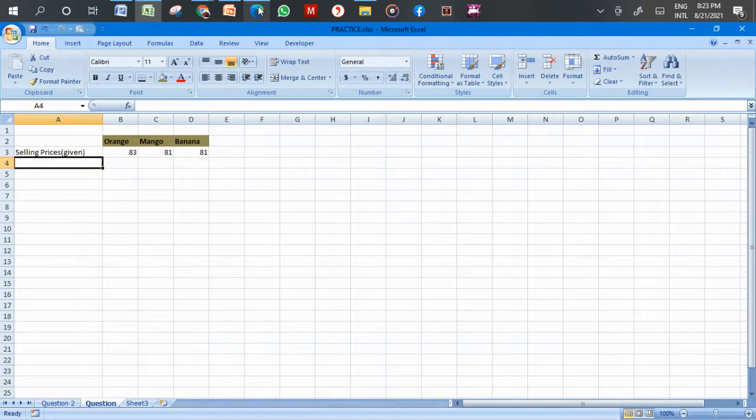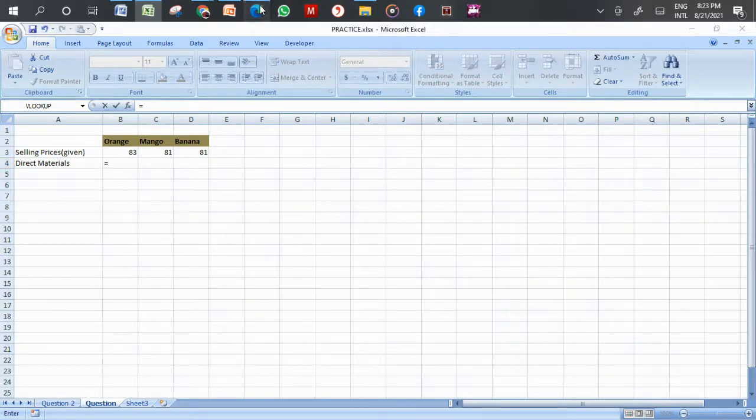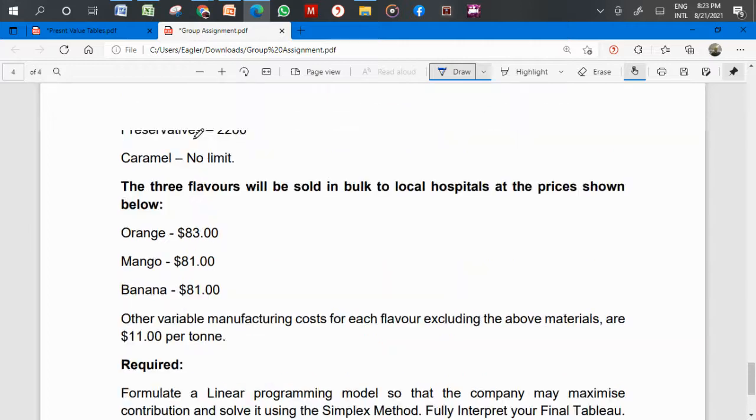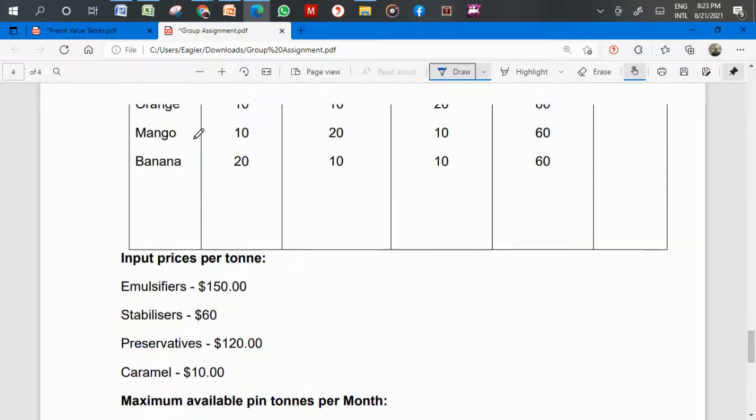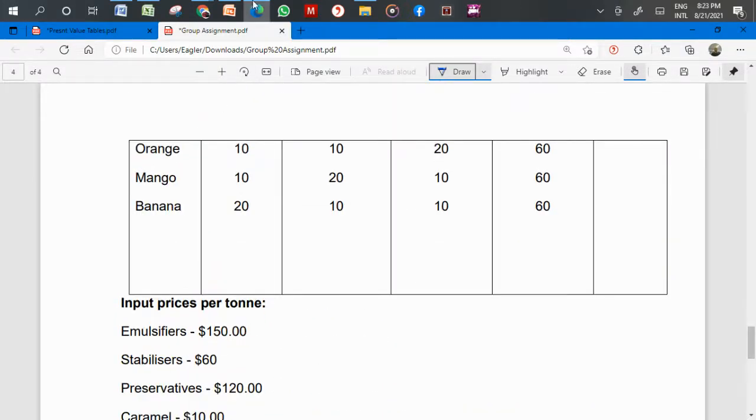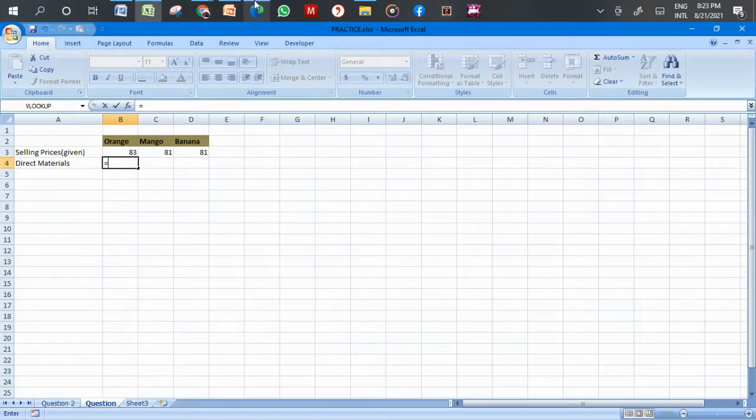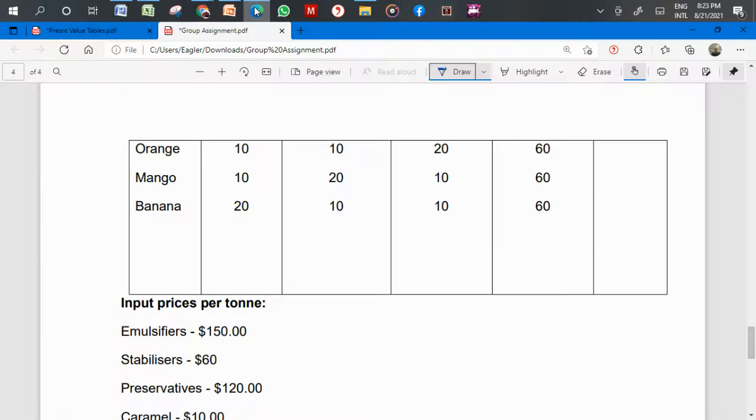The direct materials. This is the one that should pose a problem. So how do we calculate these ones? We are told that the prices are 150 per ton. So for orange, obviously it will be 0.1 because it's only taking 10% of emulsifiers.